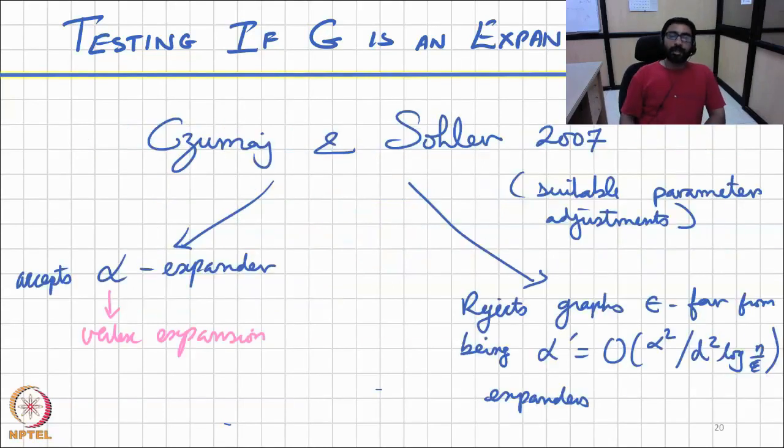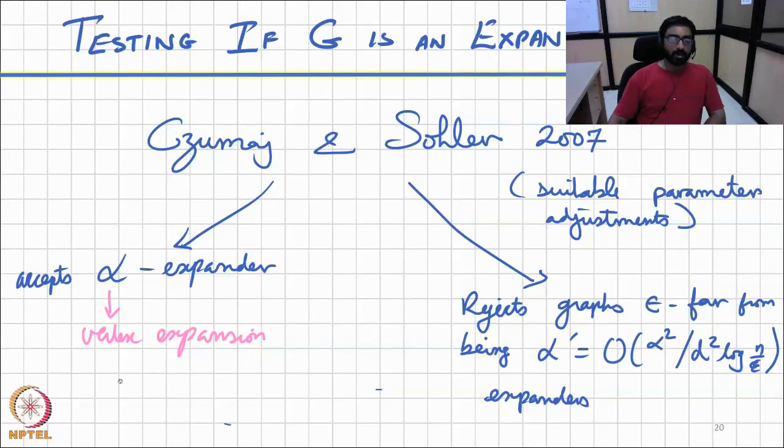Now, fast forward to 2007, Czumaj and Sohler presented an analysis of this algorithm. Of course, they had to choose suitable parameters in order to get the analysis to work. And what they showed is that the same algorithm as proposed by Goldreich and Ron, but with parameter adjustments, is able to accept alpha expanders.